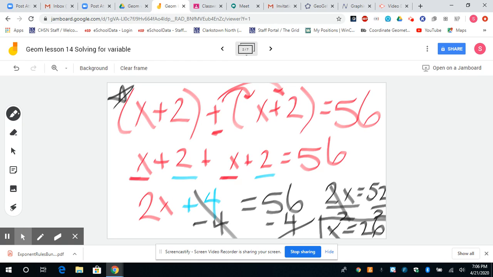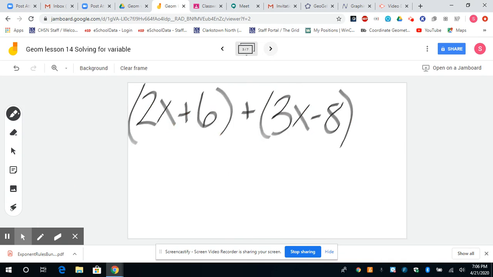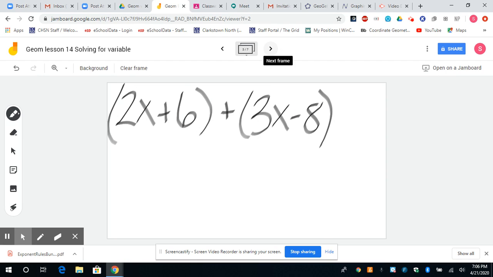Okay. Something to remember when you're adding is real-world things like perimeter. If you're talking about perimeter, you're adding all sides of a shape. Let's practice another form. Let's say I told you to add two lengths together. What would you get for this? The question for you is, am I solving or am I just simplifying?